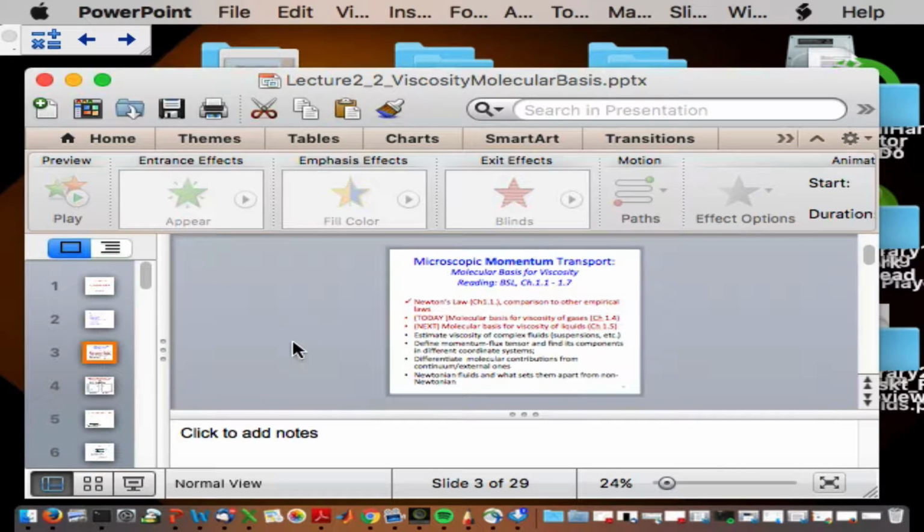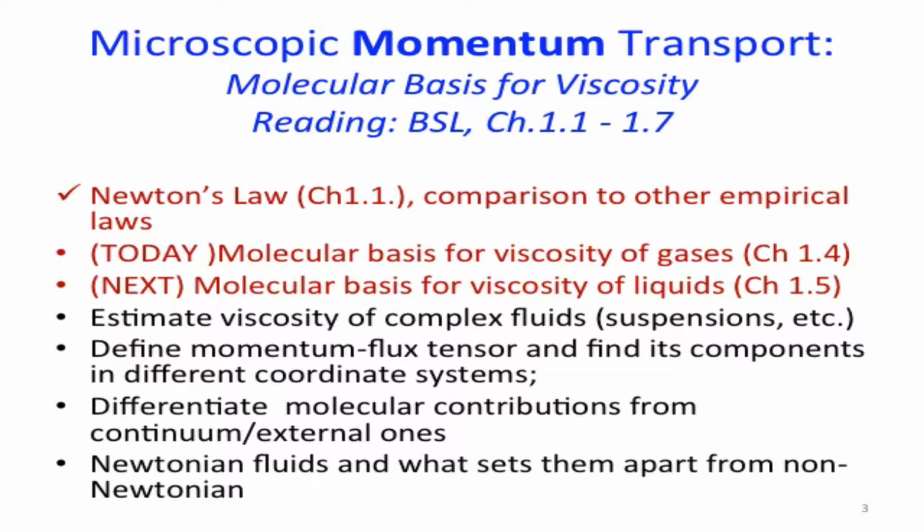All right. So with notes on homework out of the way, let's get back to the course. We have been discussing the molecular basis for viscosity, and essentially we covered Newton's law, and we started briefly on the molecular basis for viscosity of gases last time, and we are now continuing.